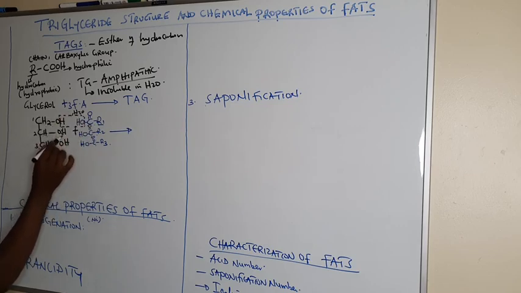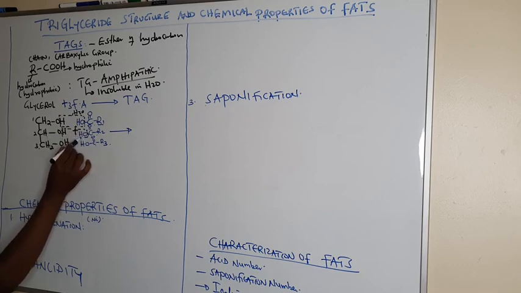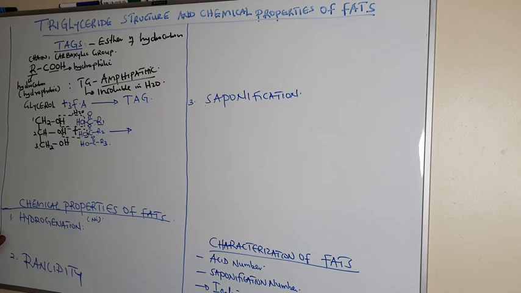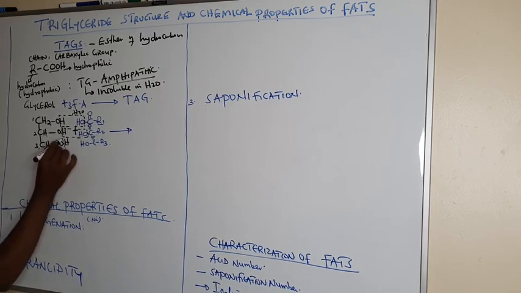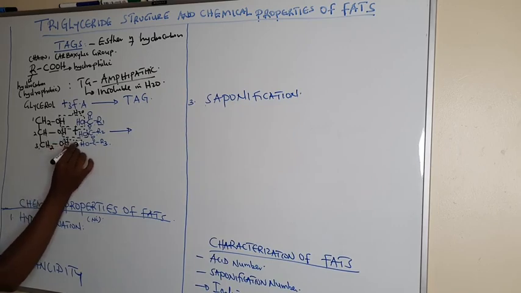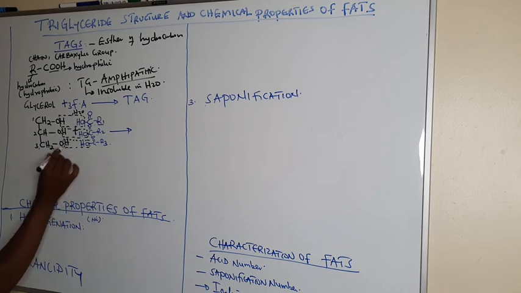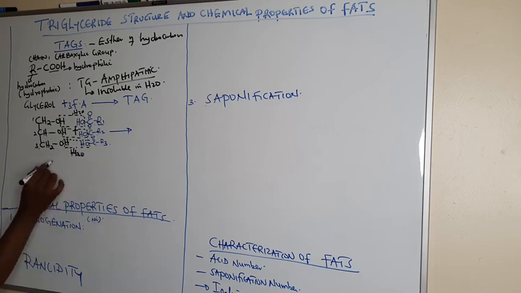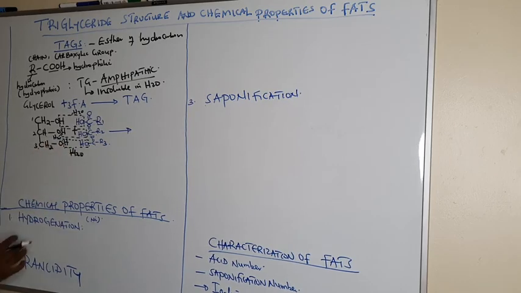Even this one, the hydrogen group on the glycerol, combines with the hydroxyl group on another second fatty acid, forming this water. And even this hydrogen group on the glycerol combines with the hydroxyl group, forming another water. So the end result, we are forming 3 water molecules. And this is how the ester bond is formed.